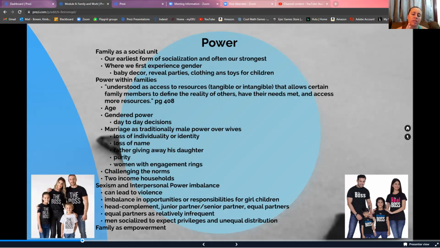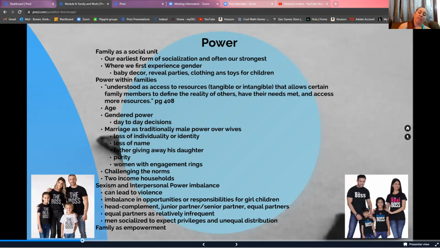We also see that when you have sexism and this imbalance in power, it can lead to violence. It leads to interpersonal violence. It leads to toxic relationships. It leads to lack of empowerment. It leads to a lot of very harmful things for women.